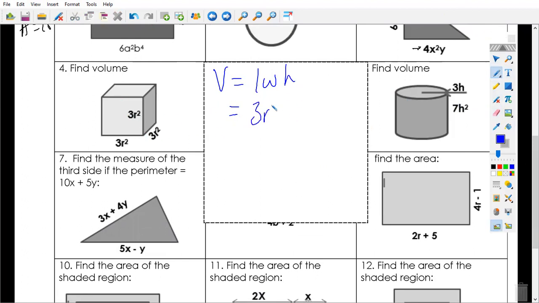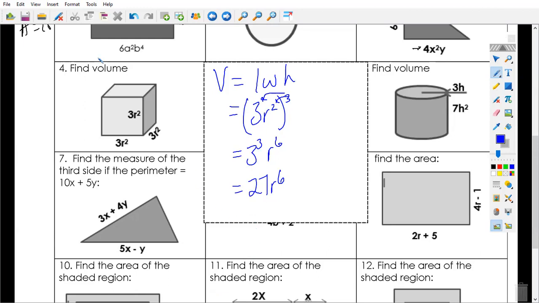3r squared, and we have 3 of them, right? So I am going to cube it because there's 3 of them. And when we cube it, that means you get a 3 to the 3rd and r squared to the 3rd. 3 to the 3rd is what? 3 times 3 times 3, 27.